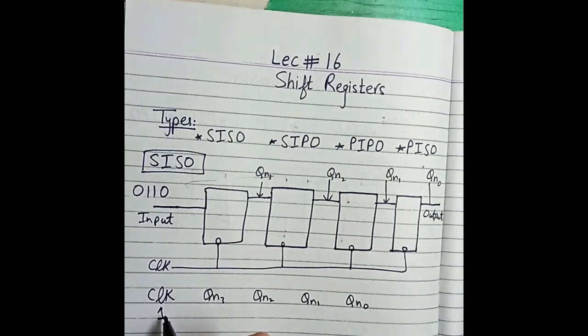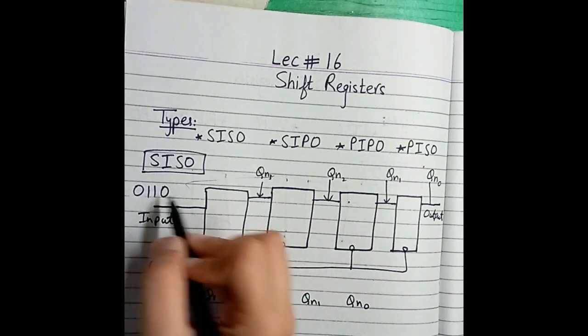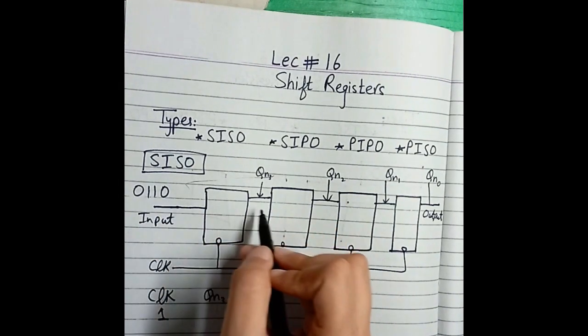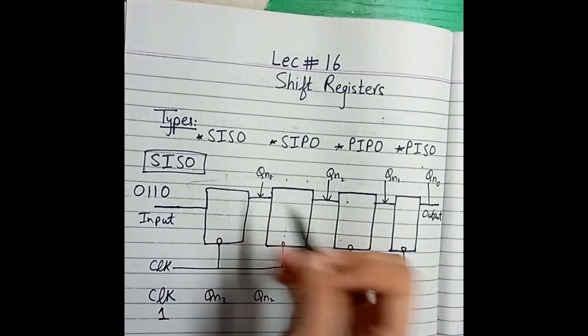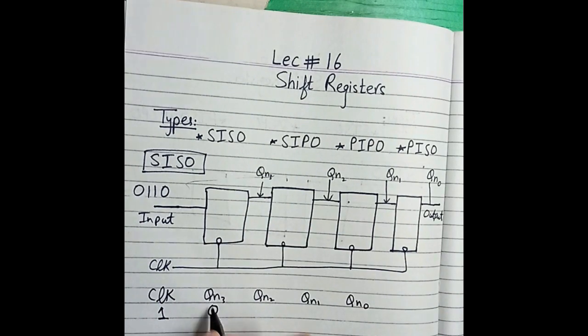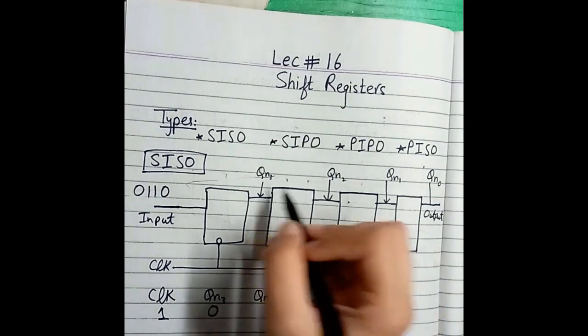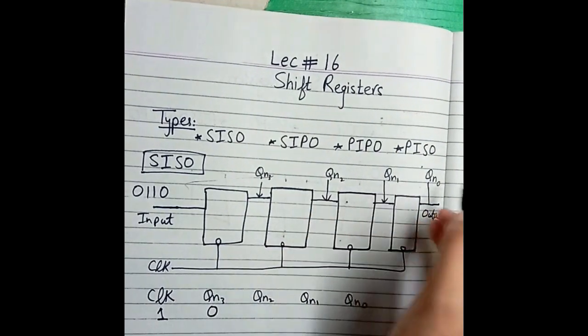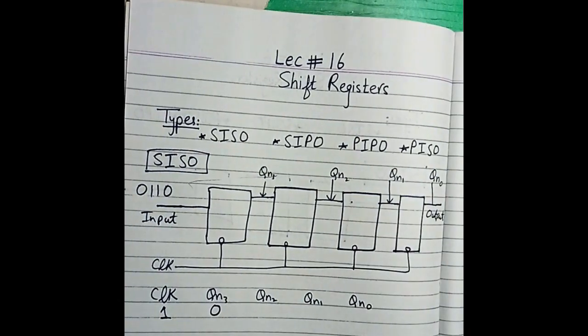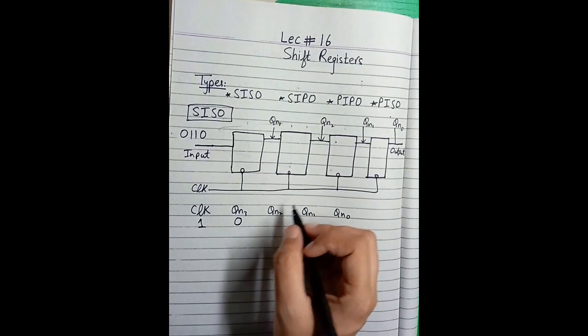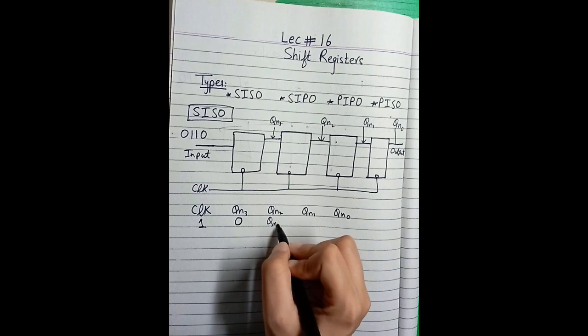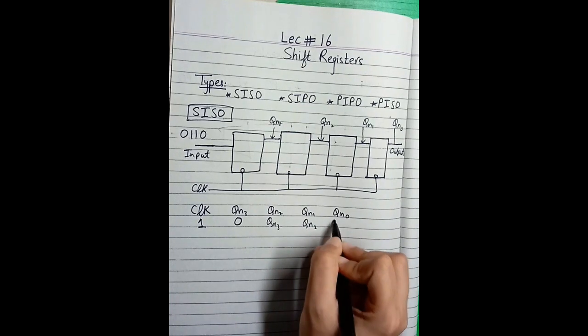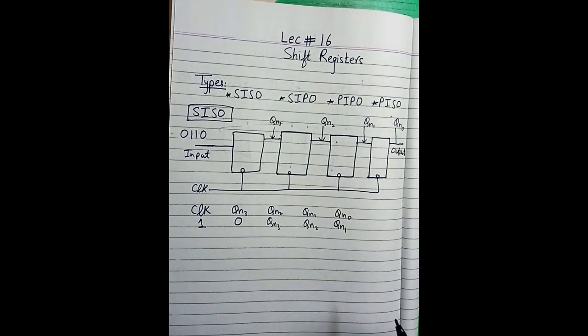On the clock 1, our 0 will be the input at the place of Qn3. This is our input, and the other inputs are that Qn3 will move forward, Qn2 will move forward, and Qn1 will move forward. So we will have Qn3 here, Qn2 and Qn1.